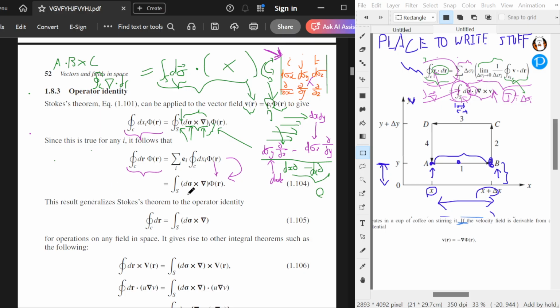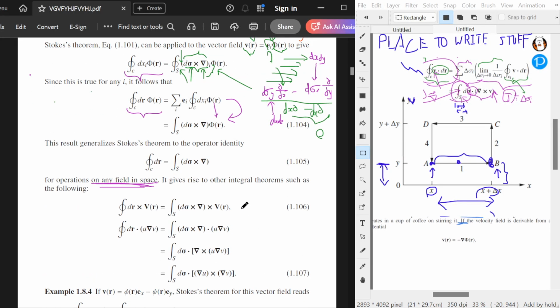This result generalizes Stokes' theorem to the operator identity, where if you have this, you can just replace it with this, for operations on any field in space. That is a big claim. It gives rise to identical theorems such as this, blah blah blah. We have this cross V, this cross V, this dot V, this dot V.